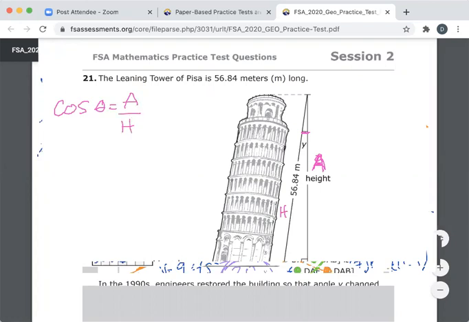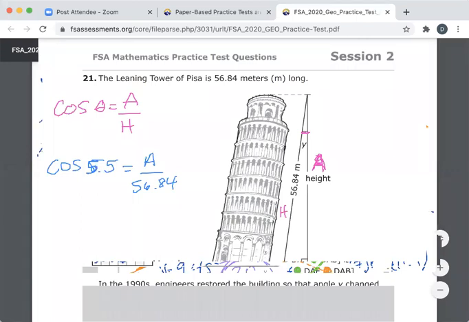So what we're going to have to do is this twice. One time with the angle 5.5 and one time with the angle 3.99. So let's see, cosine of 5.5 equals the adjacent side over the hypotenuse, which is 56.84. So I'm going to use my calculator.